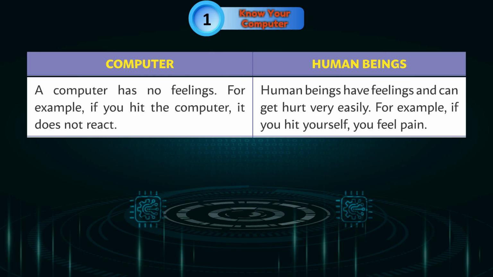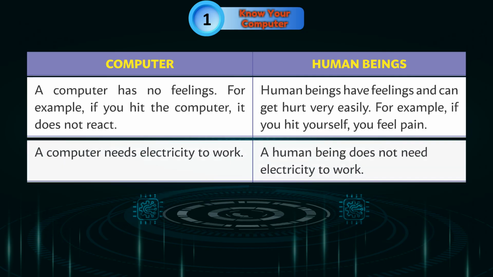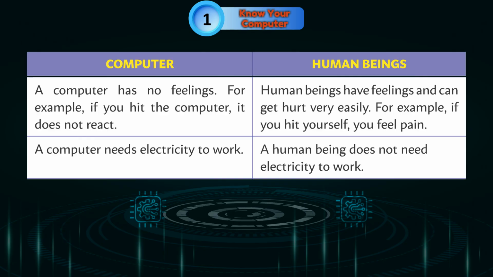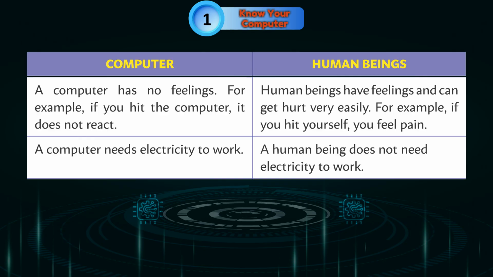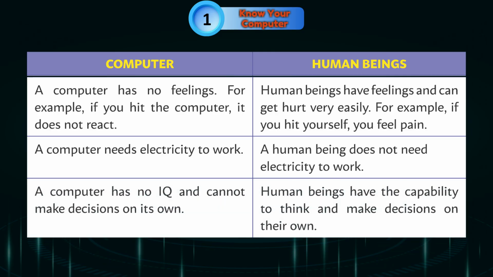For example, if you hit yourself, you feel pain. A computer needs electricity to work. A human being does not need electricity to work. A computer has no IQ and cannot make decisions on its own. Human beings have the capability to think and make decisions on their own.